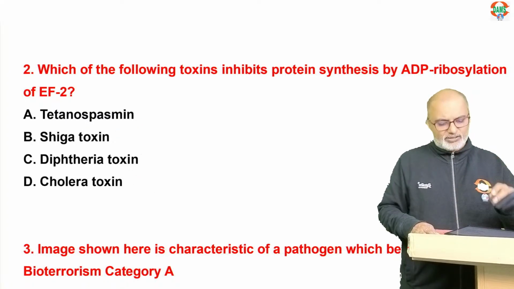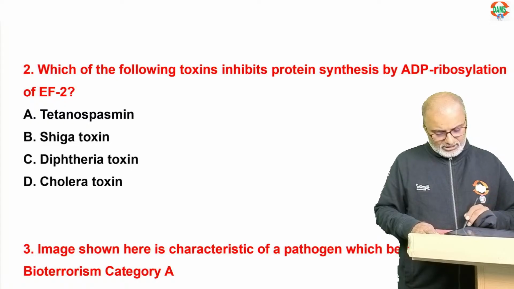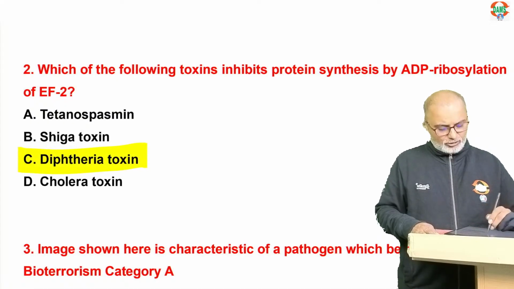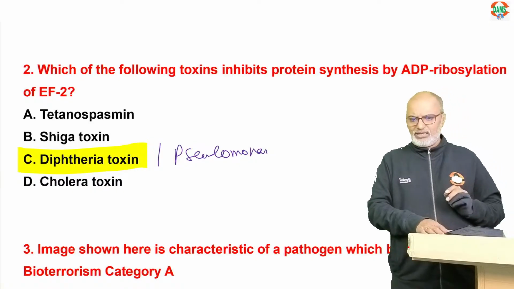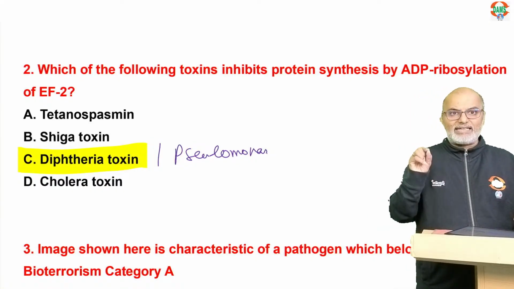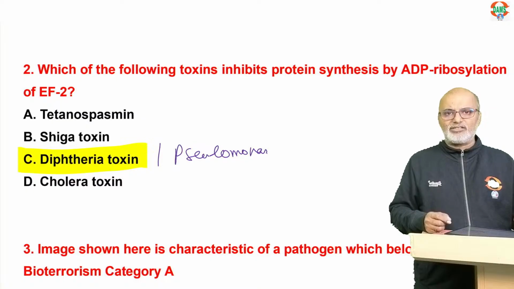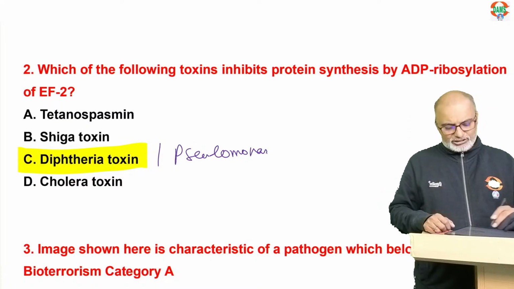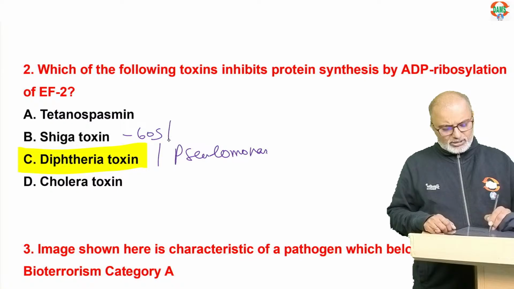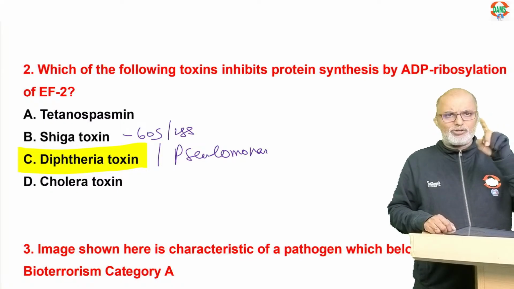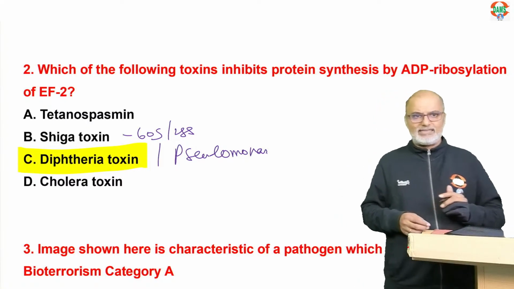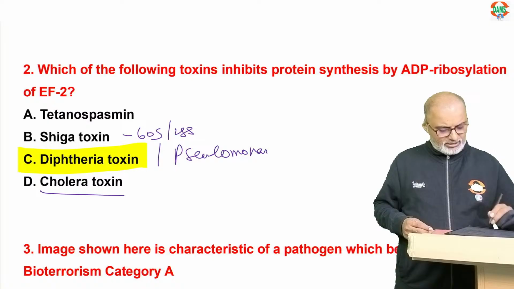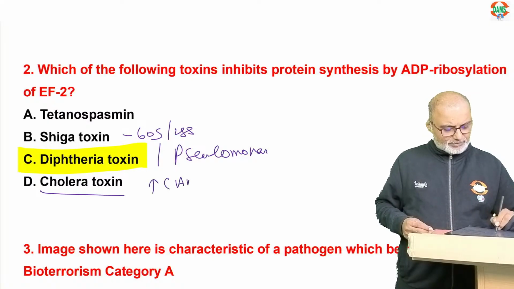Which acting on elongation factor 2 is diphtheria toxin and also Pseudomonas toxin. They act by ADP ribosylation of elongation factor 2 to inhibit protein synthesis. Shiga toxin acts on the 60S ribosome, that also inhibits protein synthesis. Tetanospasmin inhibits the release of GABA and glycine, whereas cholera toxin increases cyclic AMP.